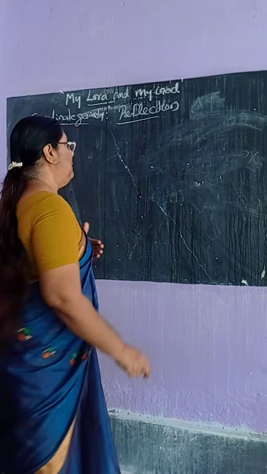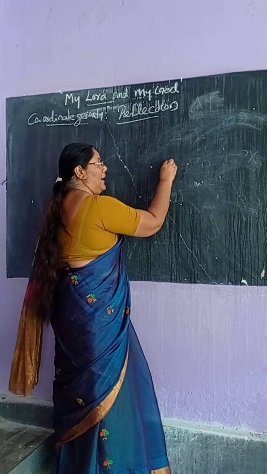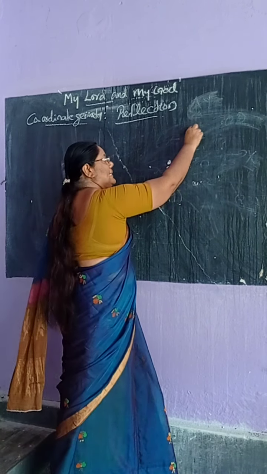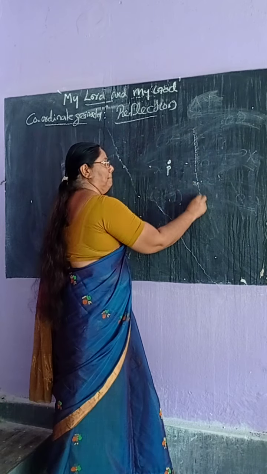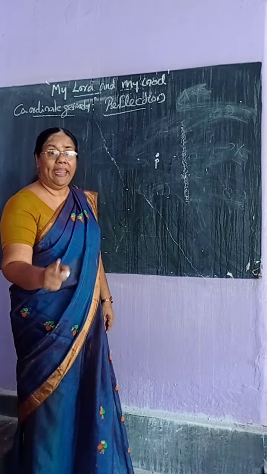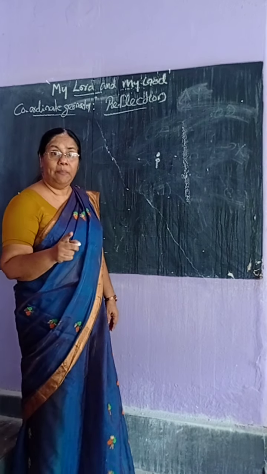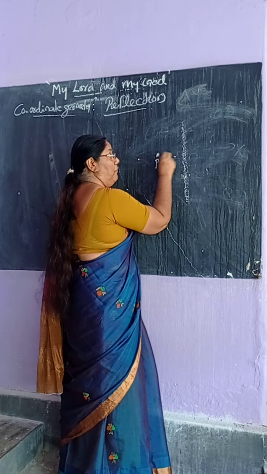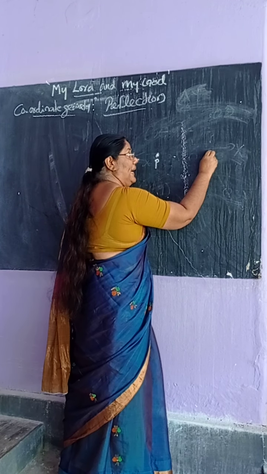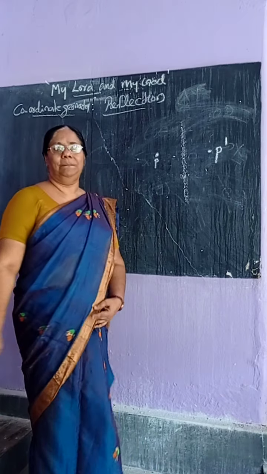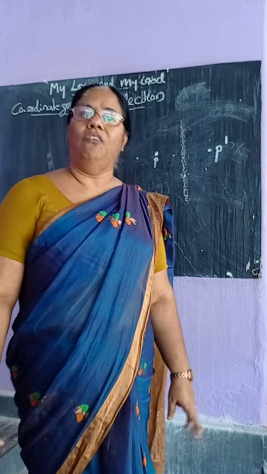Understand? Suppose you place an object here, P is an object and this is a mirror, then where do you find its image? The image of this point P you can find at the same distance behind the mirror. This is the meaning of reflection.